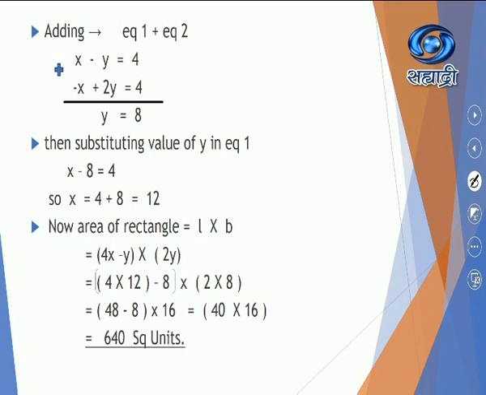Solving the brackets properly, we come to the conclusion that answer is 640 square units. Again, remember we are finding area of the rectangle. We are not given whether it is centimeter or meter or kilometer, nothing is given. So we are going to write it as 640 square units.